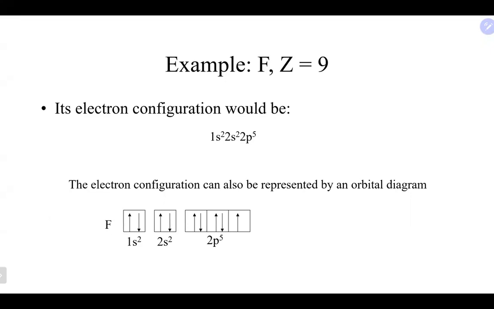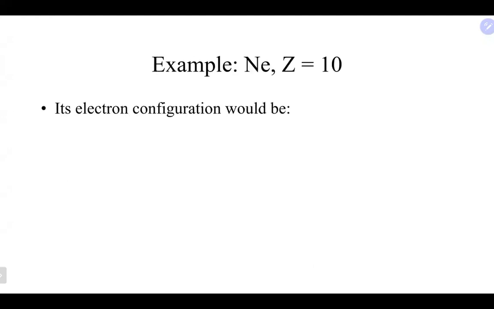And obviously that will happen when we go one more over on the periodic table to neon, which is 10. And that will fill up our 2p subshell. So at neon, we end up with a configuration of 1s2, 2s2, 2p6.